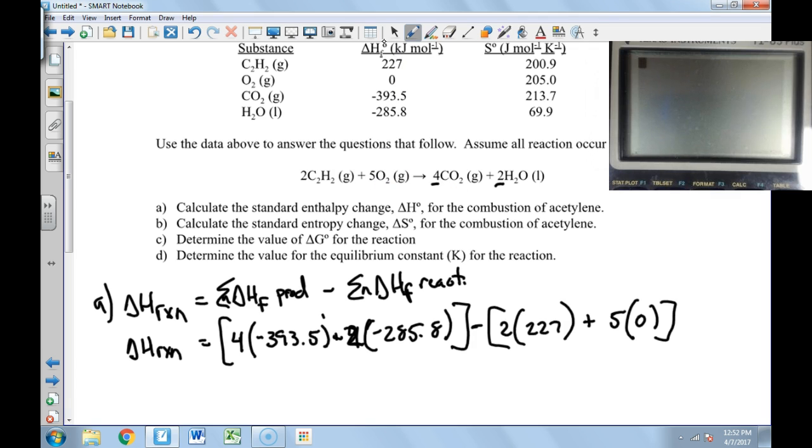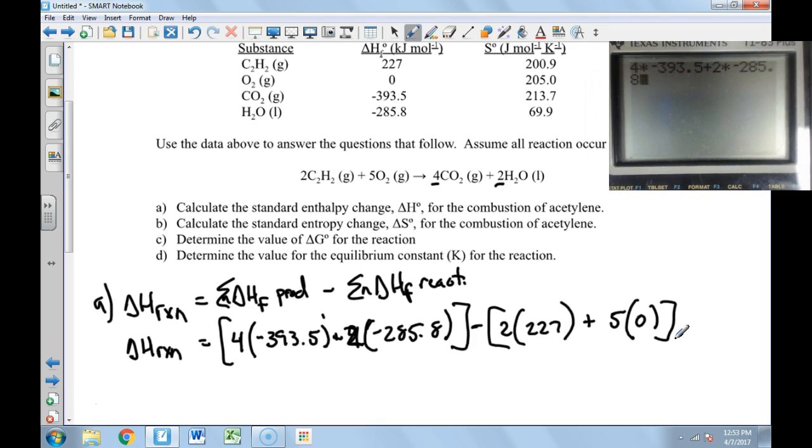So when I solve these problems, I take it by piece, because I feel like too much can go wrong if I plug it all in at once. I usually take the products piece, and then the reactants piece, and then do the math on those things. So I have 4 times negative 393.5 plus 2 times negative 285.8.